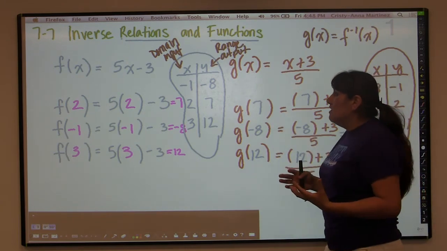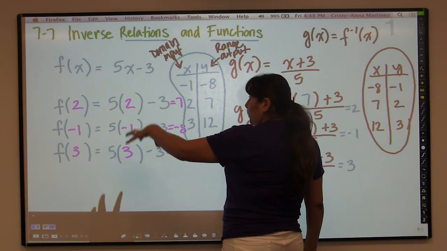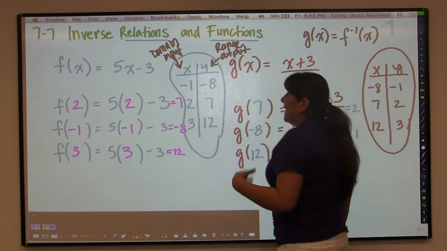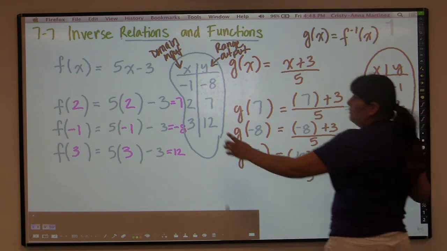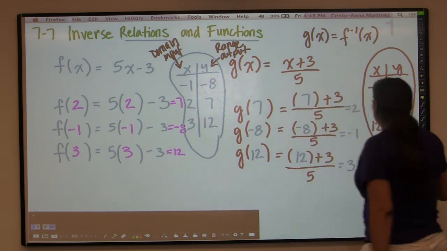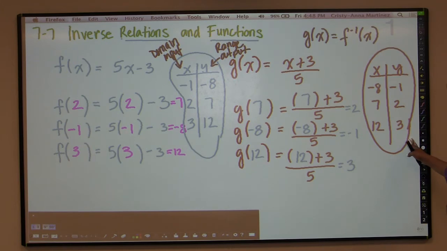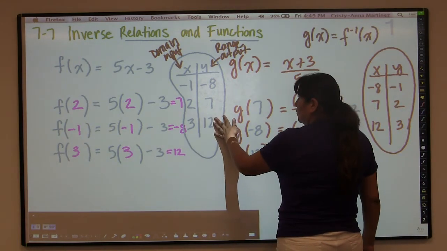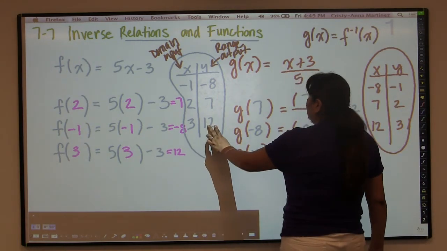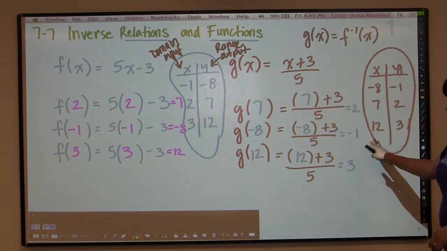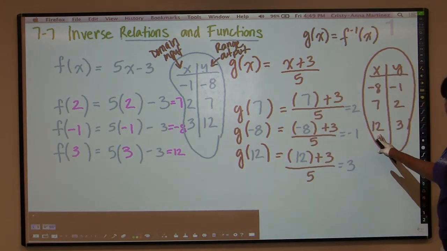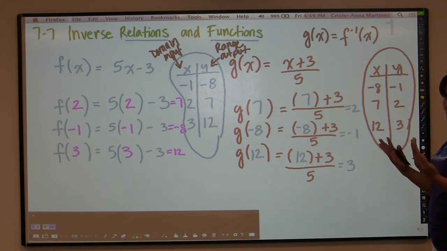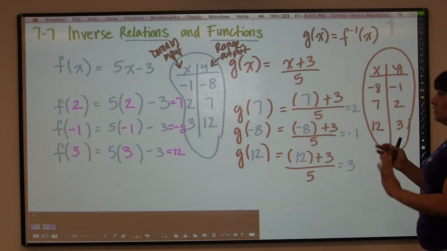We understand that when you put the input into the regular function, it's actually the output of the inverse function. So where all the input values were negative 1, 2, 3, those are actually the output values of the inverse function. We understand that the range, the output of the normal function, becomes the input of the inverse function. So where the output here was negative 8, 7, and 12, the input of the inverse function is negative 8, 7, and 12, which basically tells us that the domain and range are interchanged between the two functions.